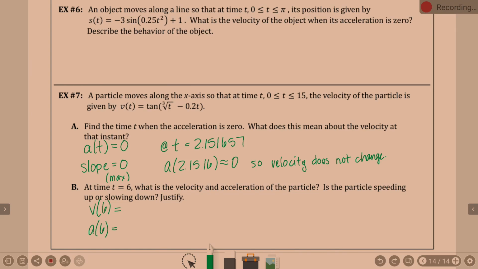That is Y4 on mine. I don't know what it is on yours, but to do the velocity at 6, I can just do my Y and fill in 6. To do the acceleration, I have to do a derivative.